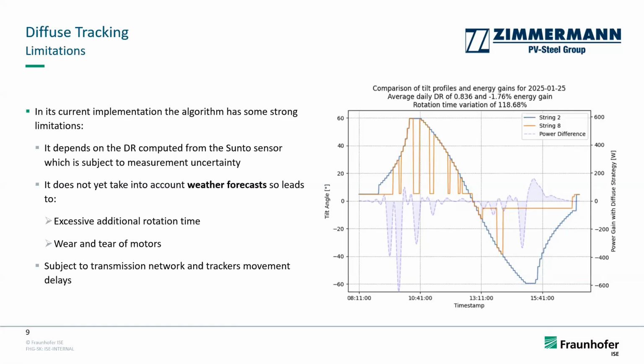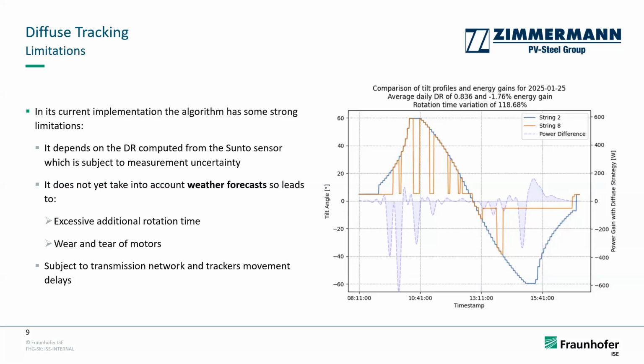So this leads to excessive additional rotation time. So here you can see an example of a day with very volatile weather condition, with a diffuse ratio that is changing very often from above and below 0.5. And therefore, the string 8, which is following the diffuse tracking, is jumping back and forth a lot from the backtracking to the stow position.